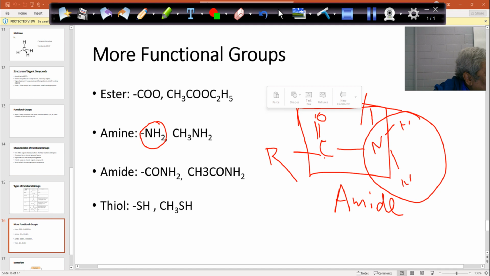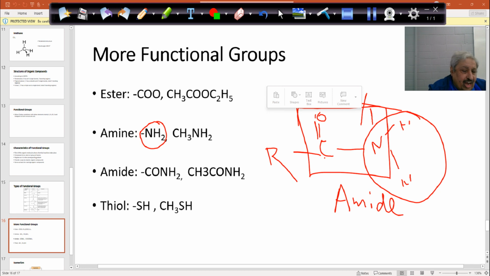An imide is a salt. R can be any substituent here. So that's nitrogen connected to a carbon, and the carbon has a double bond to oxygen. That's an imide. An imide is not very active like an amine. An amine is more reactive.